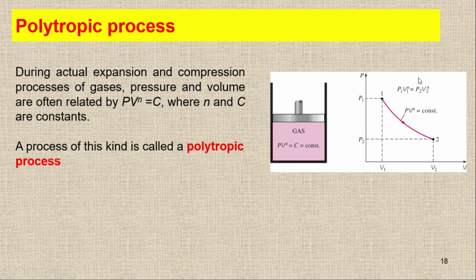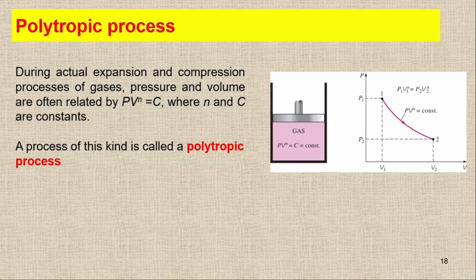So actual processes are basically called polytropic processes, and based on this n value or the index value, the process can be adiabatic, constant pressure, constant temperature, or anything else. Let's suppose n equals 1, so it will be PV equal to c, which means this is an isothermal process. Depending upon the n value, the nature of the process will be different.